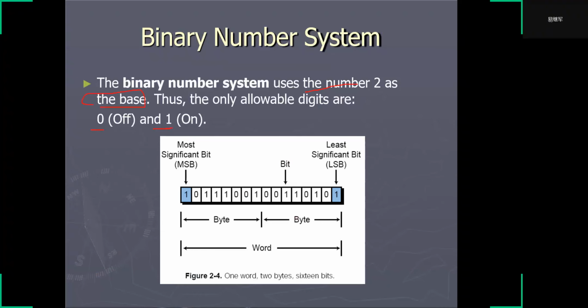In the binary number system, 8 bits we call a byte. 1, 2, 3, 4, 5, 6, 7, 8.